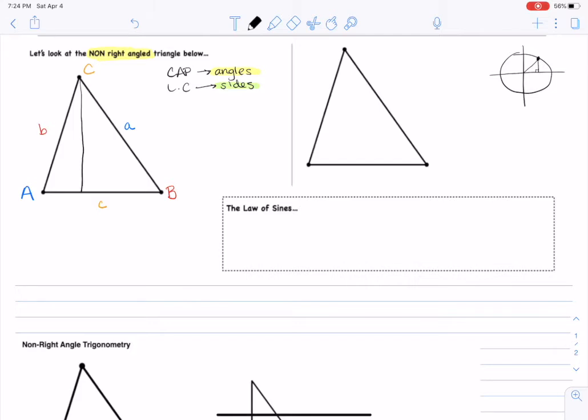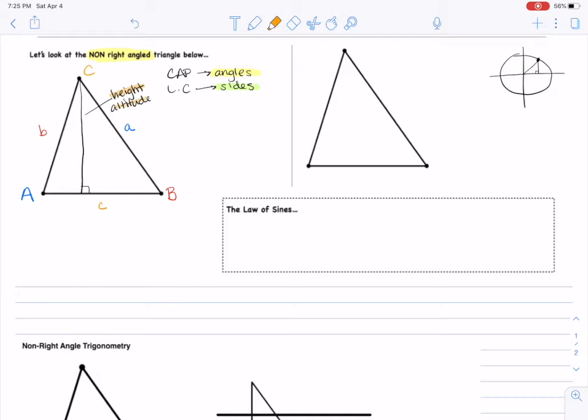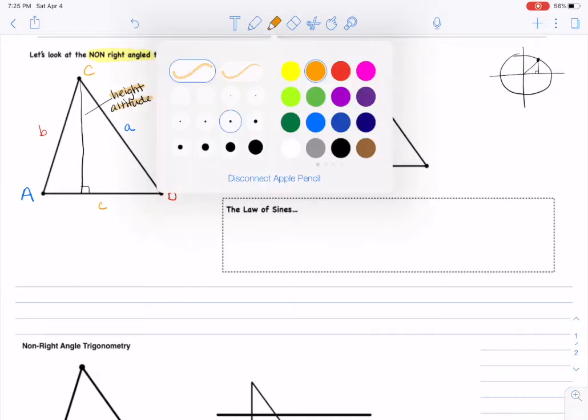Notice that I drew this line in the triangle. We call this a few names. Some of you probably have heard of this referred to as the height of the triangle. You could also refer to this as the altitude of the triangle, either one. So that's this line right here.